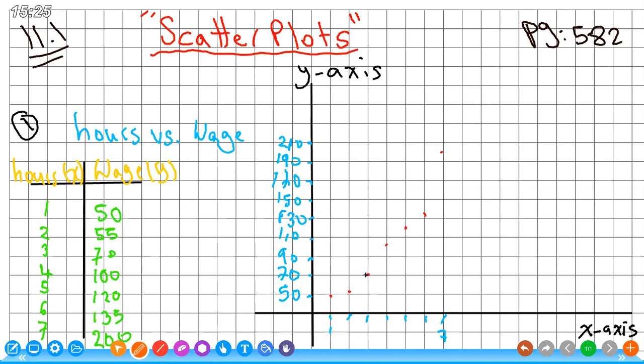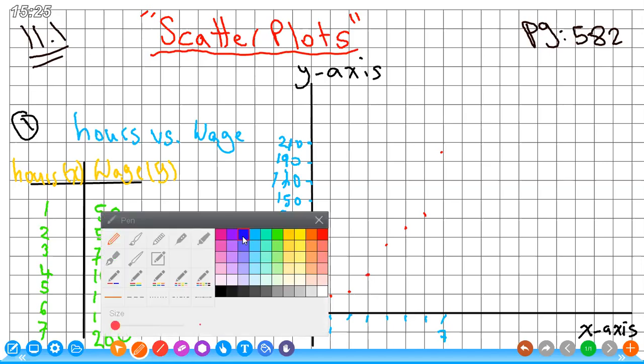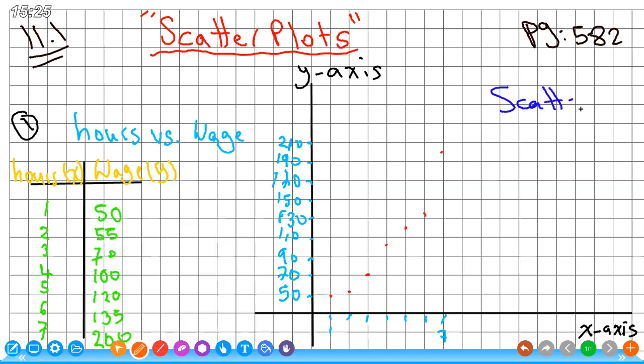So this is the first half part of the lesson, is how to graph these points or how to plot them. This is what we call scatter plots. This is a scatter plot.